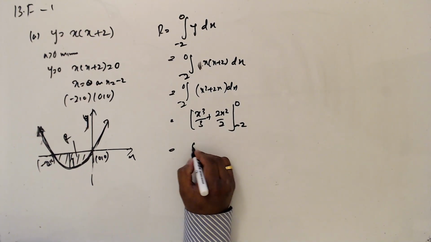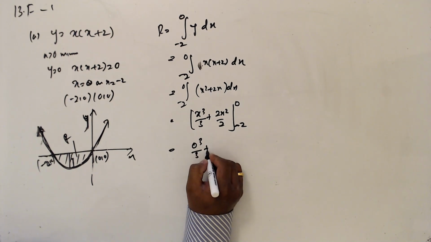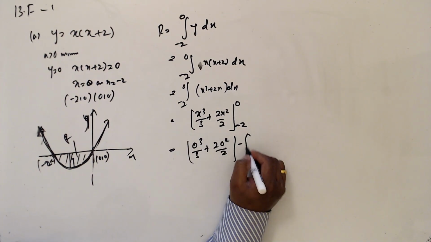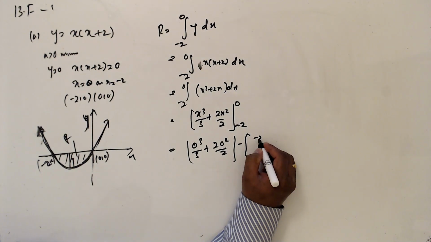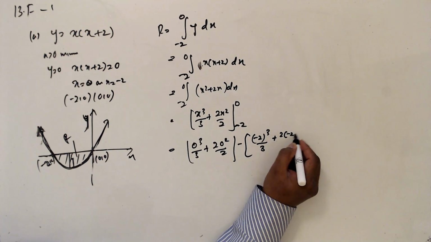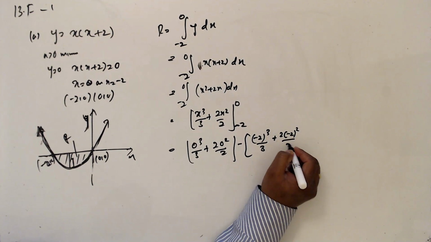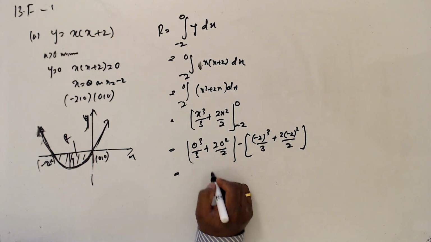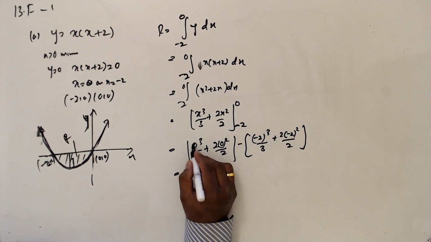Then 0 cubed over 3 plus 2 times 0 squared over 2, minus, 2 cubed over 3 plus 2 times minus 2 squared over 2. So this value is 0.